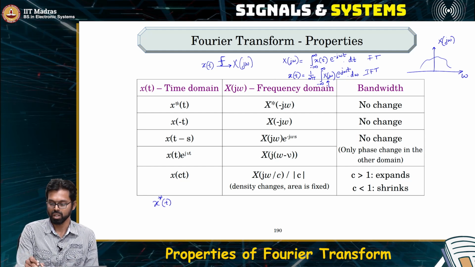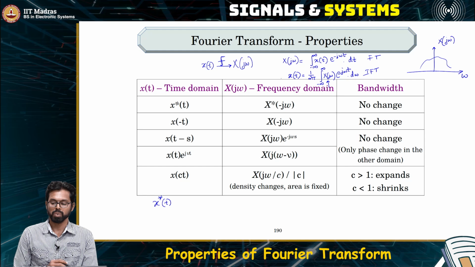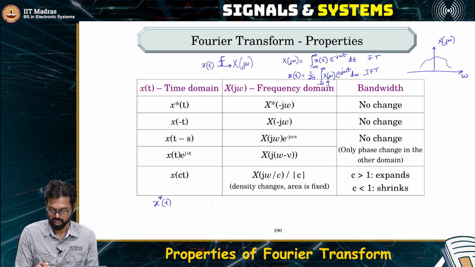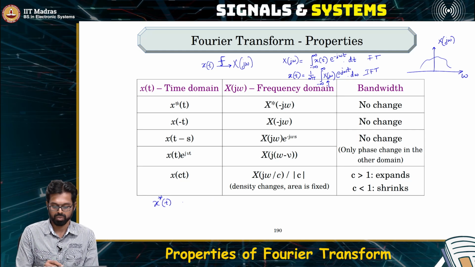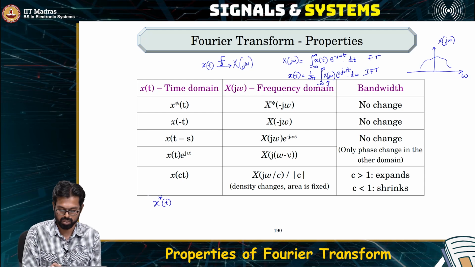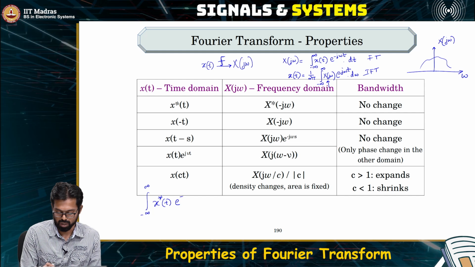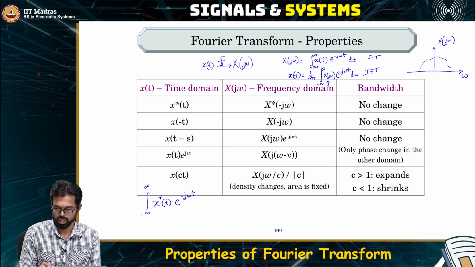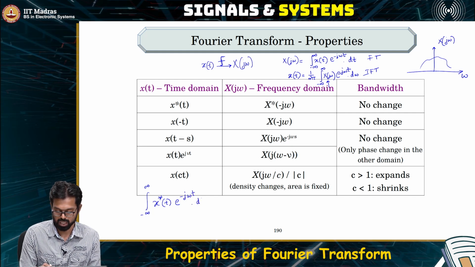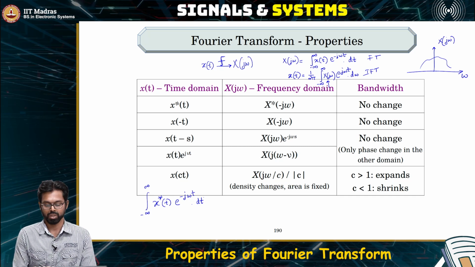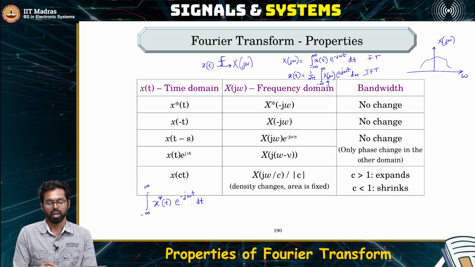All you have to do is look into this equation where you compute the Fourier transform, right? So what is the Fourier transform of x star of t? The Fourier transform of x star of t is the integral from minus infinity to infinity of x star of t e power minus j omega t dt. So this is the Fourier transform of x star of t.